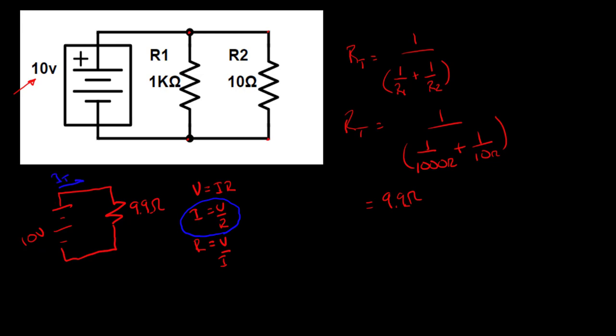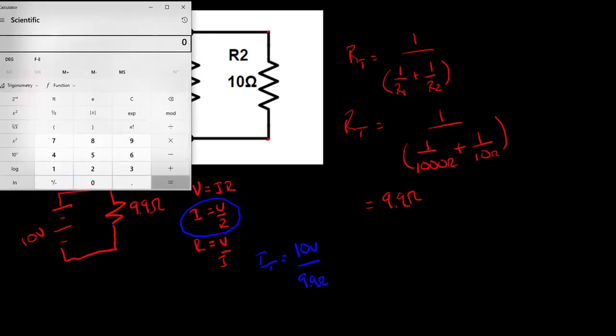So let's go through and do that. IT is going to equal my total voltage, which is 10 volts, divided by my total resistance, which was 9.9 ohms. Pull up my handy dandy calculator, and I get 10 divided by 9.9, which is 1.01 amps.